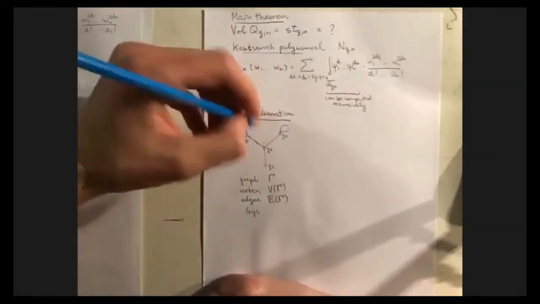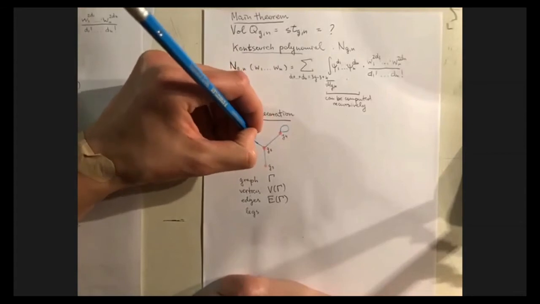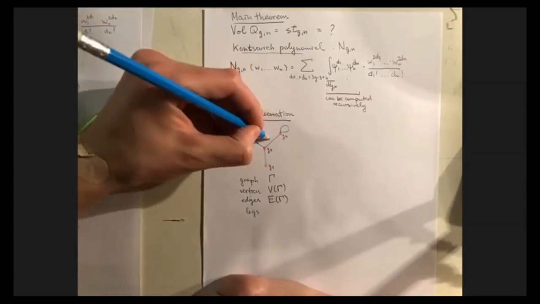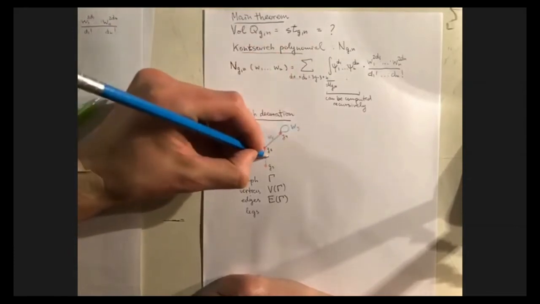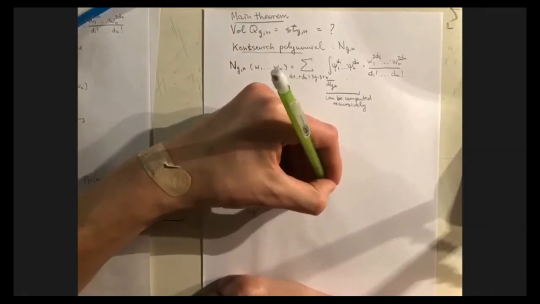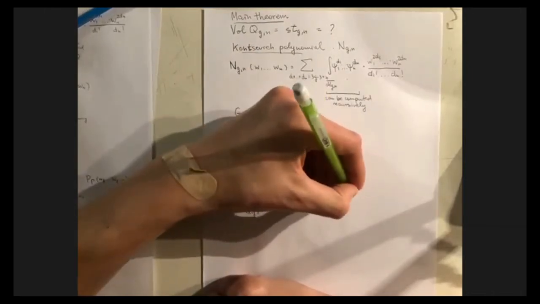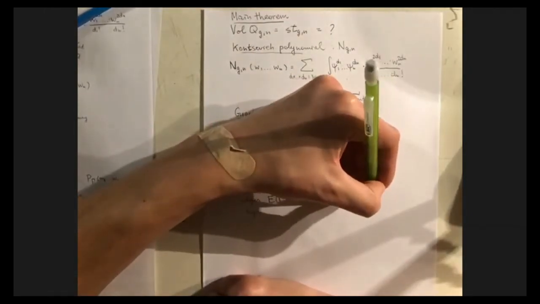On each edge, I'm going to put a variable, w_1, w_2, w_3, w_4, and the legs will get zeros. So edges are decorated with variables w_i, and legs are decorated with zeros.